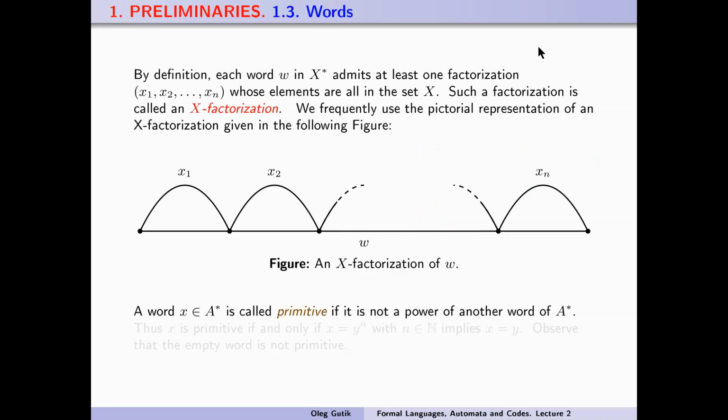But for example, the word of the form ABAB on such an alphabet is not primitive, because it is the square of the word AB.